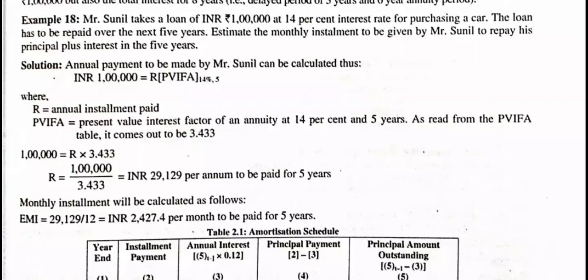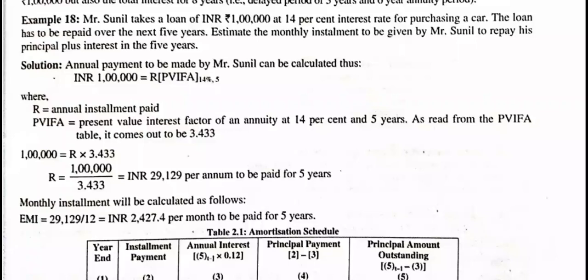Now we need R, the annual installment. R equals 1 lakh divided by 3.433. So we get an installment amount of 29,129 per annum, to be paid for 5 years. You want to repay the loan of 1 lakh at 14% interest, which means we need to pay 29,129 per annum for 5 years.